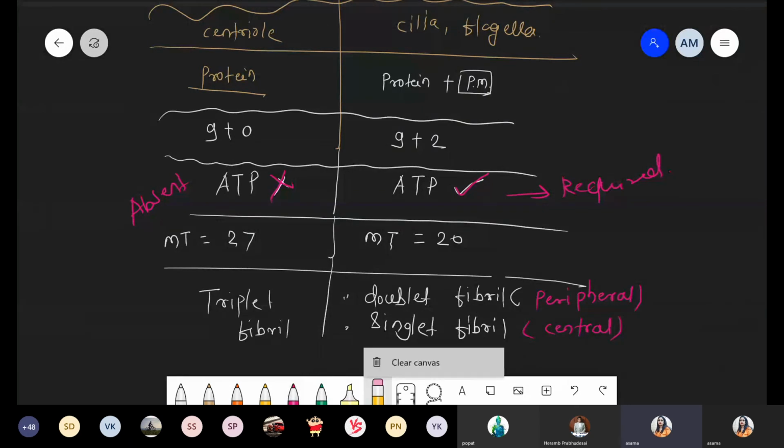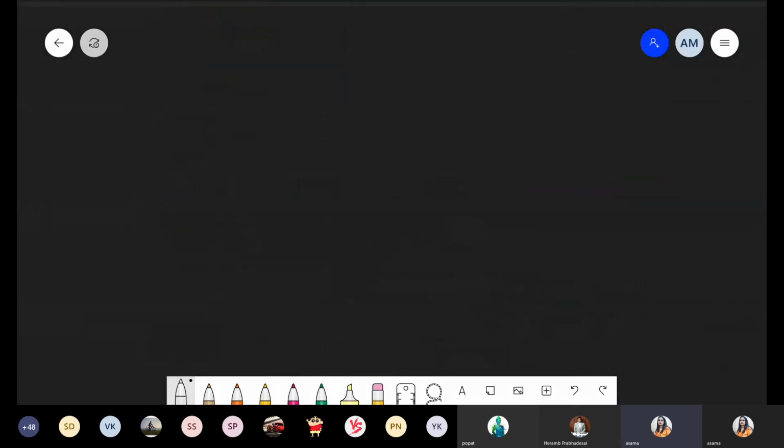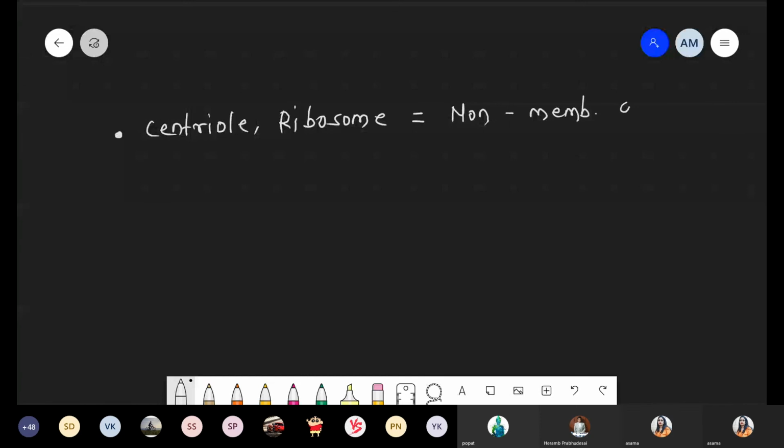So we list all these points, and you can write them down as a neat point. Number one, two organelles, the centriole and the ribosome, are the non-membrane organelles present in the eukaryotic system. If the question is about the eukaryotic system, you can tick both options, centriole and ribosome.